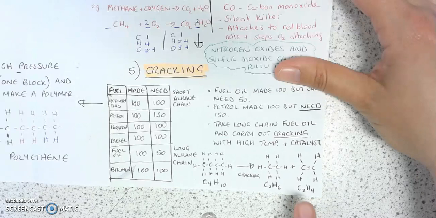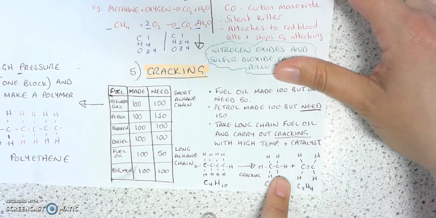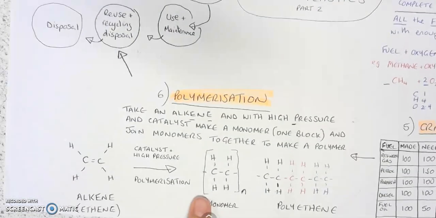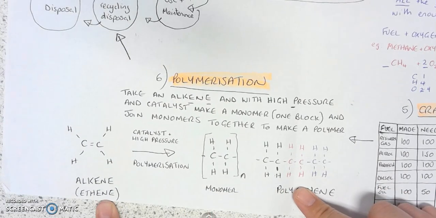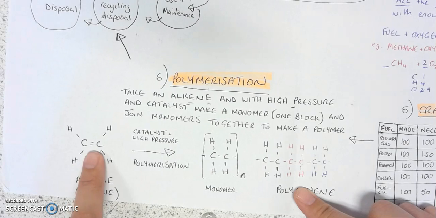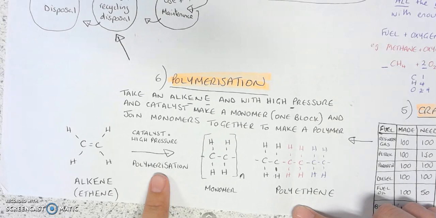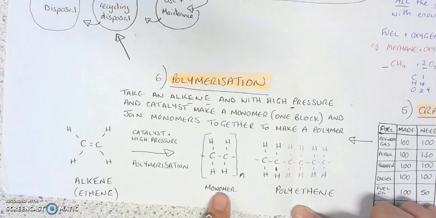However, and this is the bit I think that's quite clever, although now with the environment it's bad as well, if I take that alkene, I can now carry out something called polymerisation. So if I go over to here, I can take this alkene, and this is ethene. You can see here that I've got my double bond, it's an alkene, and I can carry out this process of polymerisation where I take this ethene and make it into what we call a monomer.